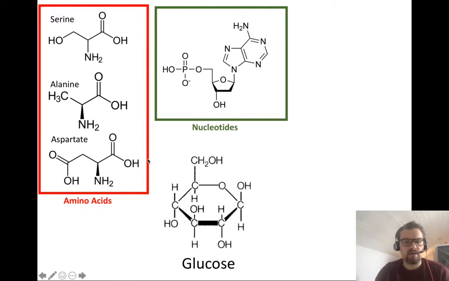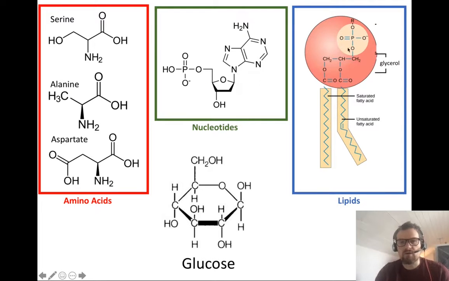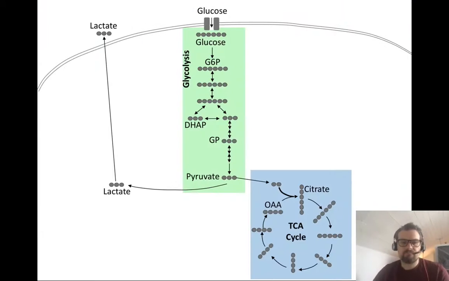You can convert the carbons in glucose into nucleotides, and it can also be used to generate lipids. Glucose, and also amino acids like glutamine, can be sources of carbon for building the components of the cell. That's very important if you are a proliferating cell, where you need to build all these components for one cell to become two cells.